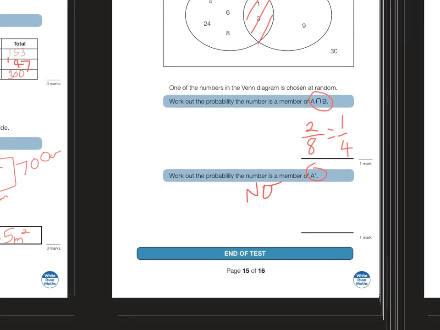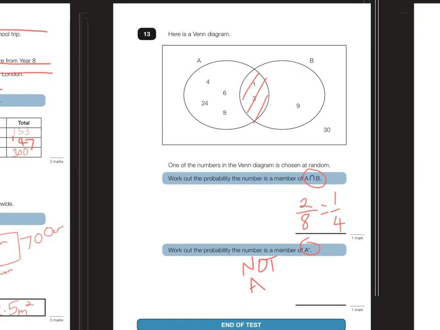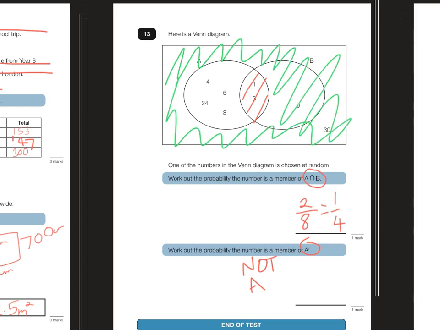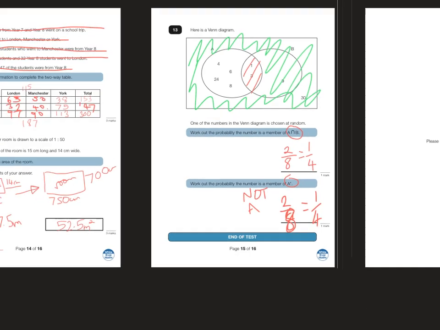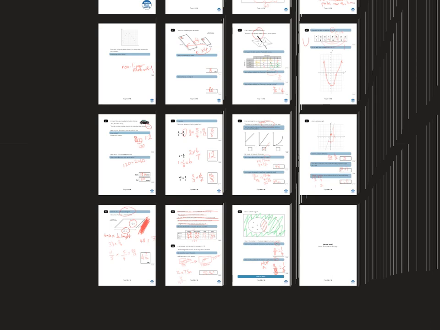This means not A. So it means all the parts that aren't in A. So anything here, anything here, anything here. So there's 2 elements there, 2 out of 8, so it's actually the same as the previous one, in this case, a quarter. Okay, it's the end of that tutorial.